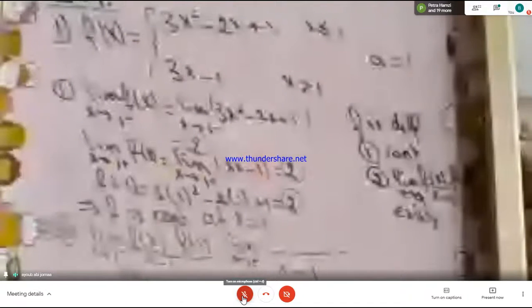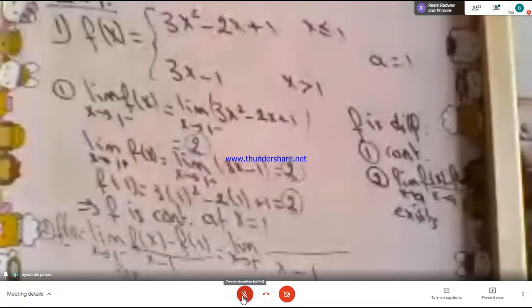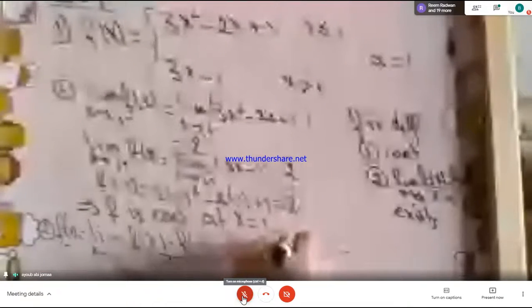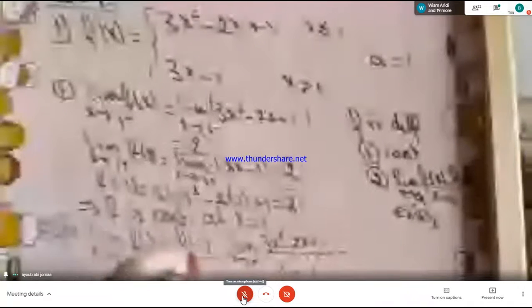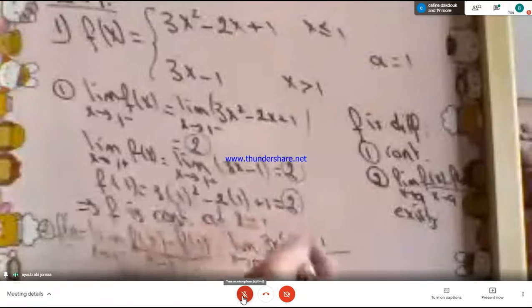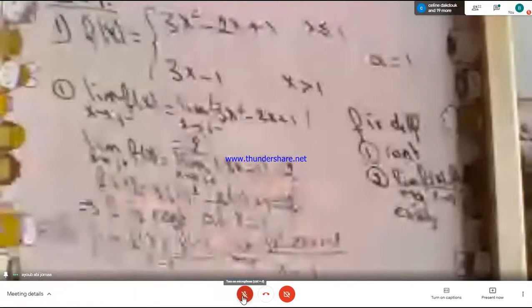Because I have to consider the first one, 3x squared minus 2x plus 1. Minus f of 1. Now already we found it. f of 1 is equal to minus 2.